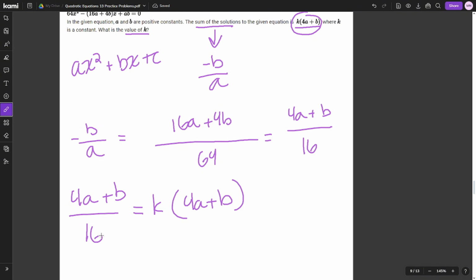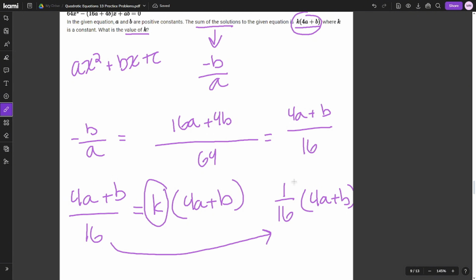Well, is dividing by 16 not the exact same thing as just 1 over 16? So here, 4a plus b divided by 16 could just be rewritten as 1 over 16 times 4a plus b. So now the value of k is going to be 1 over 16. So our answer is k is equal to 1 over 16.